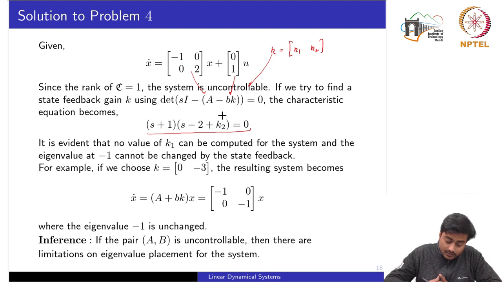And you can also obtain this inference by using the uncontrollable decomposition and then extracting the controllable part and the uncontrollable part. So the controllable part would be this one, and the uncontrollable part would be this one. And since the uncontrollable part has its eigenvalue on the left hand side, this system would at least be stabilizable.